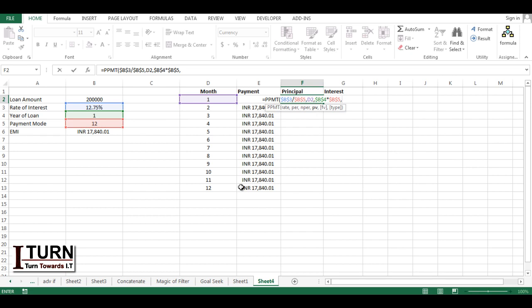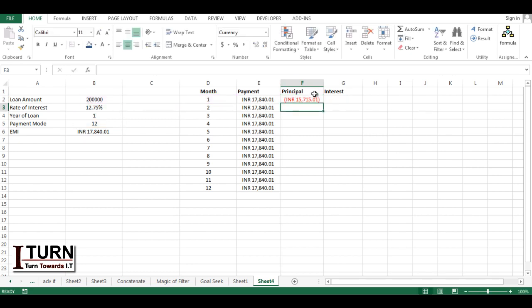The last thing is the PV. This means the loan amount, and for this I'm going to select this cell and again press F4 in order to make it constant. Okay, now going to close the bracket and enter.